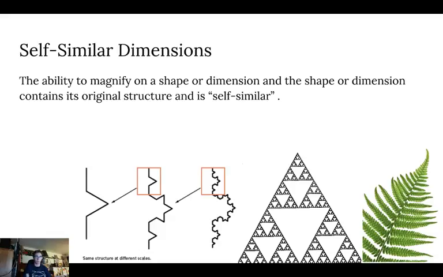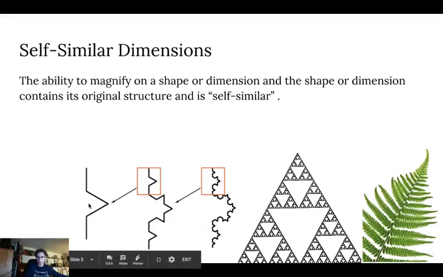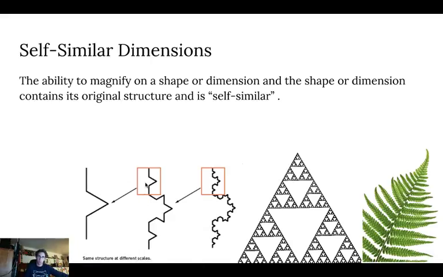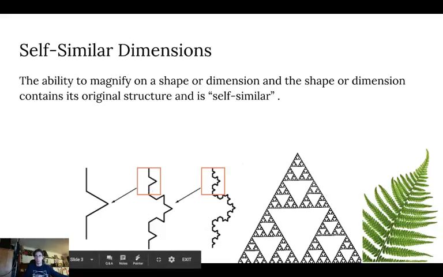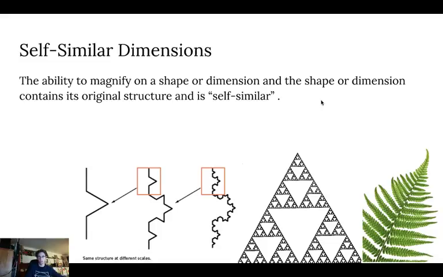The farther you zoom in, magnifying on a dimension, the dimensions within those magnified shapes are self-similar. So you can see here, it's a regular equilateral triangle. You zoom in more, and it's still an equilateral triangle. If you zoom in more and magnify more, it's just composed of equilateral triangles. And this is the Sierpinski triangle, which is probably one of the greatest examples of a complex fractal, but also a self-similar dimensional fractal.